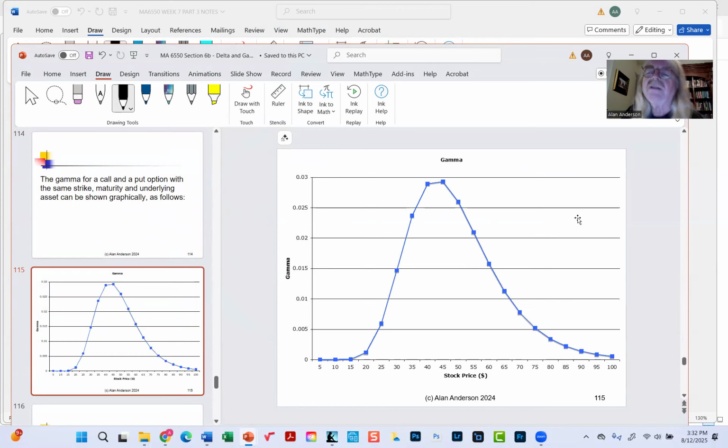And so basically what this means is, as a trader, here's one of the consequences of gamma.